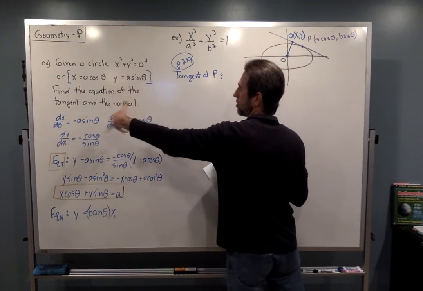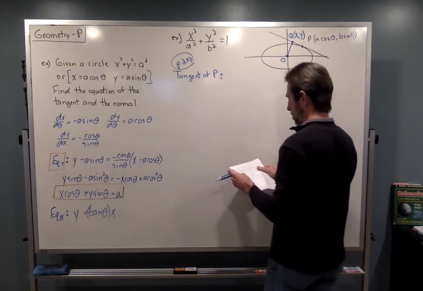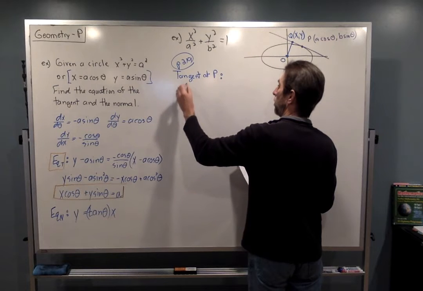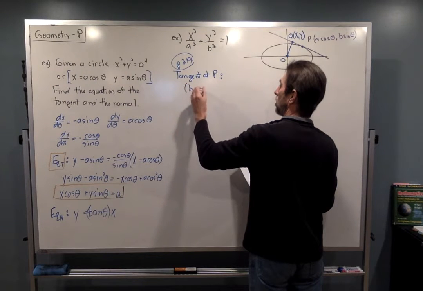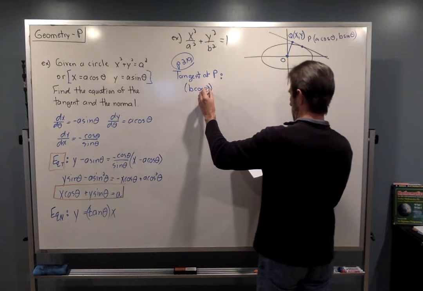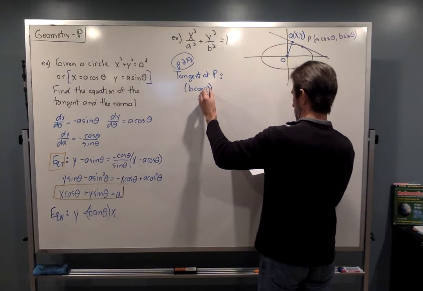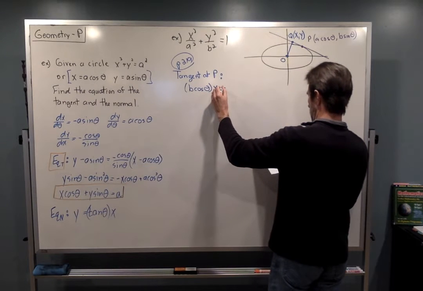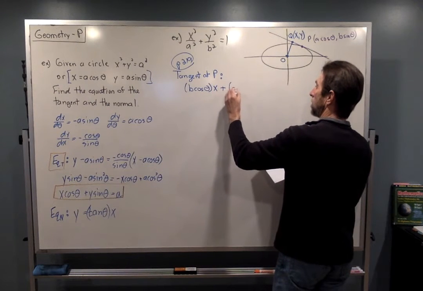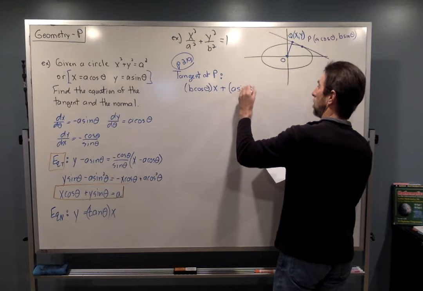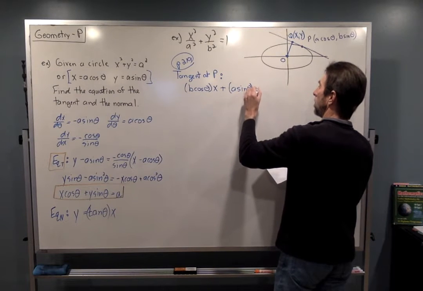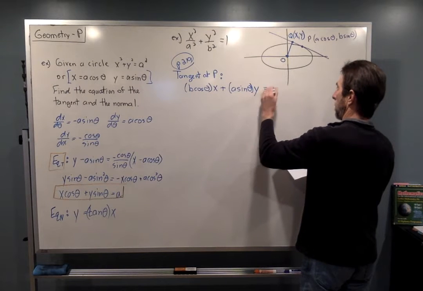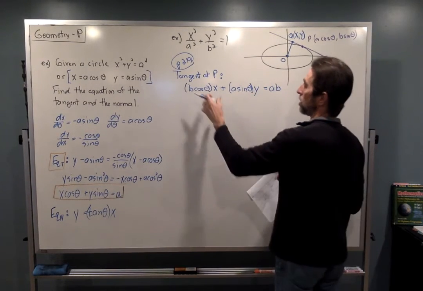I could go ahead and do the same thing I did here to develop this equation, but it's basically going to be B cosine theta x, plus A sine theta y equals AB. That's going to be the equation of this tangent.